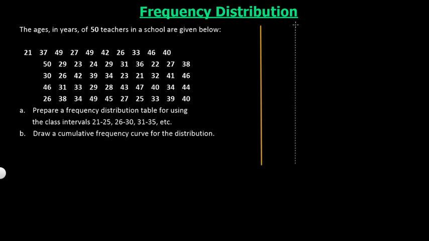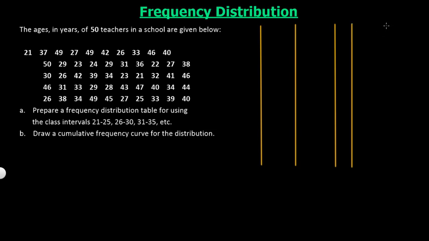We're also going to have a column for tally, because we are the one sorting the data ourselves. We have a column for the frequency. Then we have a column for cumulative frequency, because we want to draw the cumulative frequency curve. So this is how we are going to prepare the data.